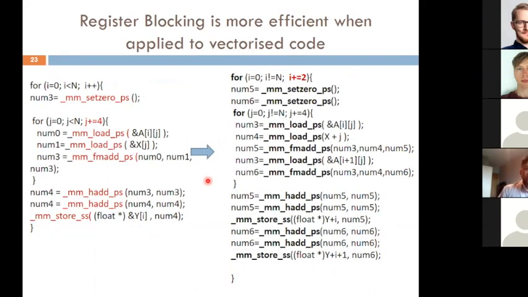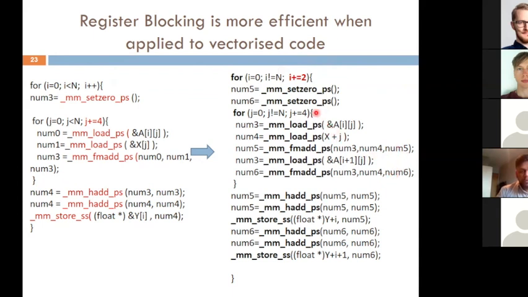Also, this is another idea we can apply. We have seen before vectorization using vector intrinsics, or simply intrinsics. Now we can use register blocking with vector intrinsics, and this is going to be more beneficial. In this code, we are unrolling by a factor and reusing these variables again in the loop body.